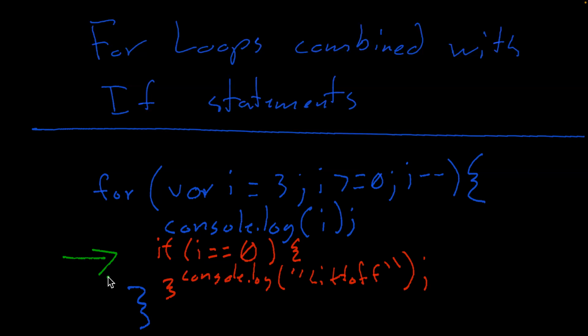So here we had the two pillars I told you: for loops and if statements. Combined, now we have a function, right? We have something that does something. It counts from 3 to 0, and at 0, it triggers this check, which looks for it, and then does this. It prints something.